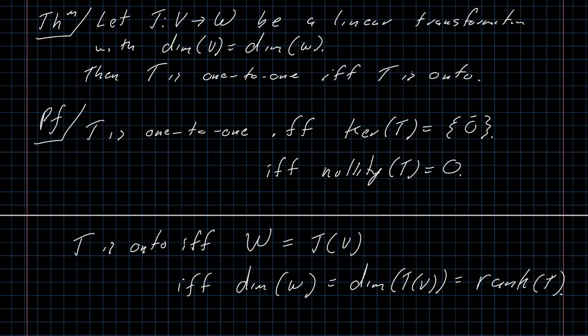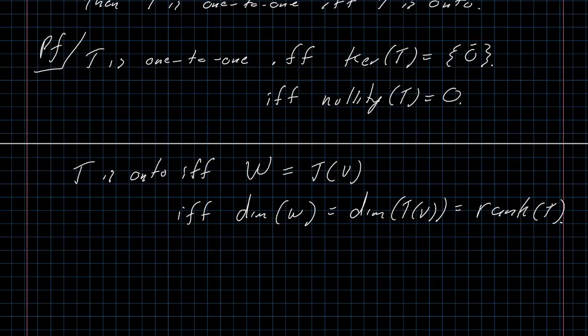So T is onto if and only if the dimension of W is the rank of T. But from our statement of our theorem, the dimension of W and the dimension of V are the same. So I get that the dimension of V is equal to the rank of T.